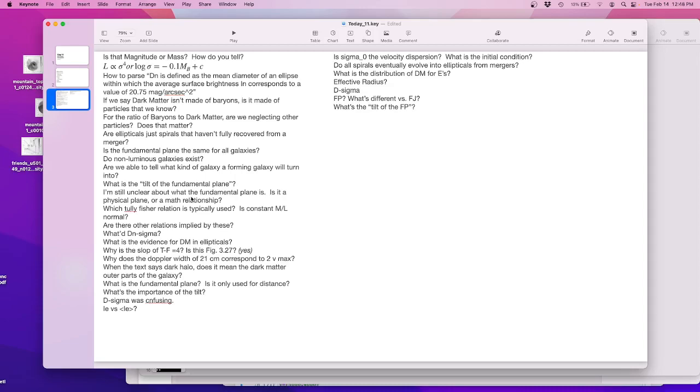So probably not. For the ratio of baryons to dark matter, why are we neglecting everything that's not a baryon? Well, the other things that are not baryons are leptons, which are like electrons, and they weigh basically nothing. Electron mass is 0.1% of the proton mass. We can ignore all the free electrons.